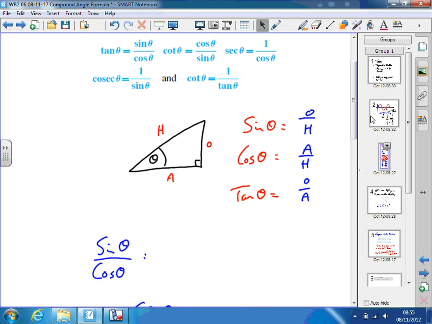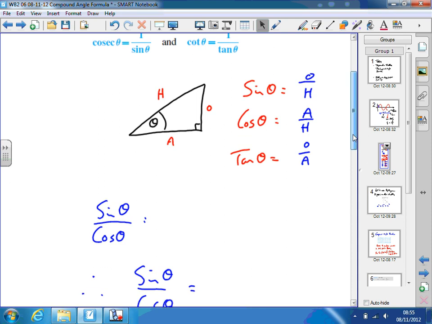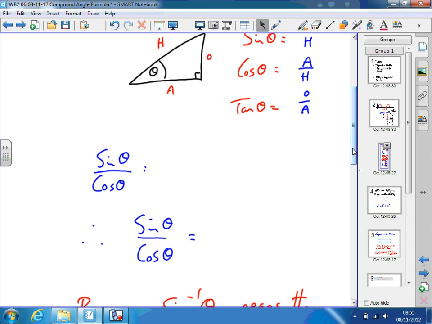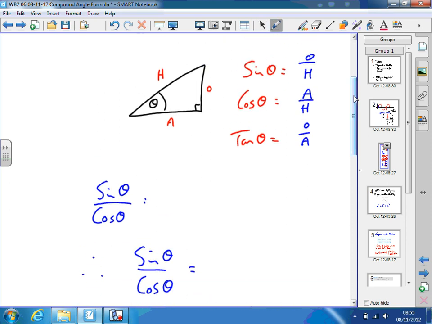If I were to divide sine theta by cosine theta, then I could write sine theta in terms of this ratio, opposite over hypotenuse. And then I divide that by the cosine of theta, which is adjacent over hypotenuse. So I can write that, opposite over hypotenuse over adjacent over hypotenuse. That's like one fraction divided by another. And you know what you do when you divide one fraction by another.